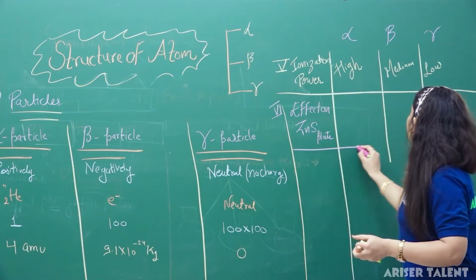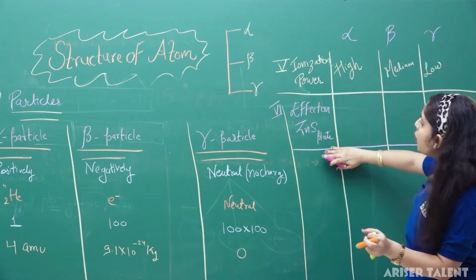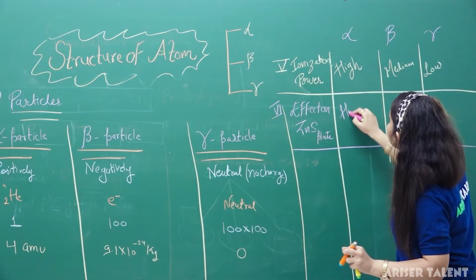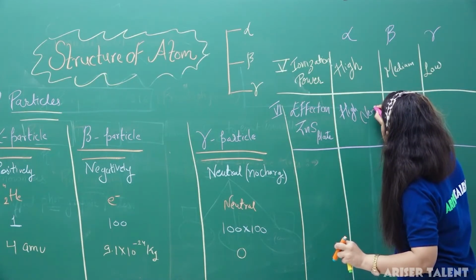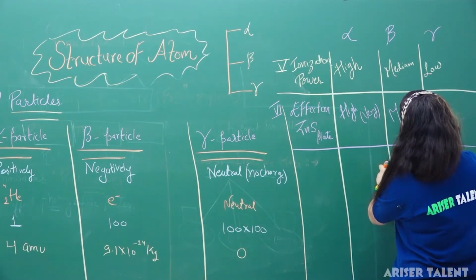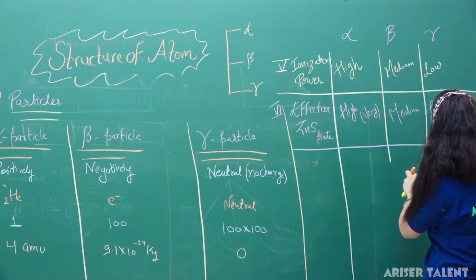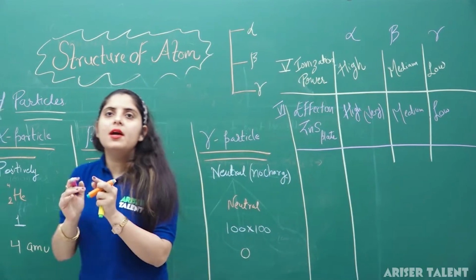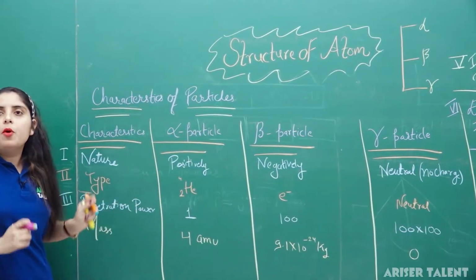If I talk about the alpha particles, their effect on the ZnS plate will be very high. In case of beta particles, again it is medium. And if I talk about the gamma particles, the effect will be very low. So here are some of the characteristics of the alpha, beta and gamma particle with respect to different points.